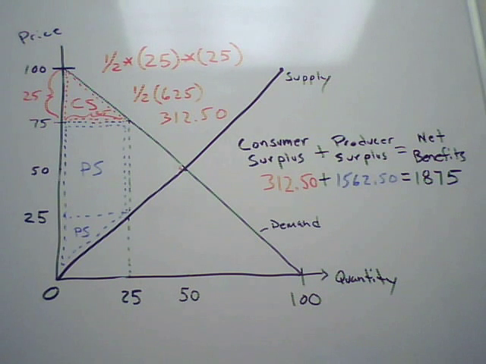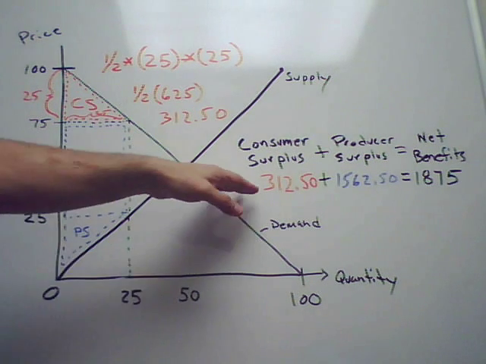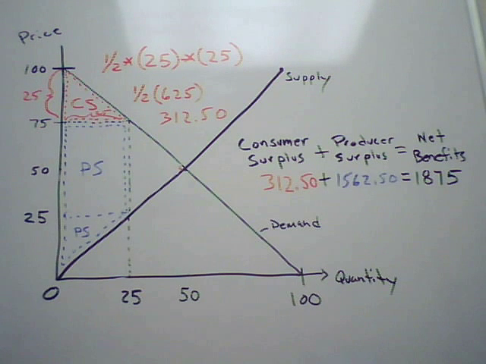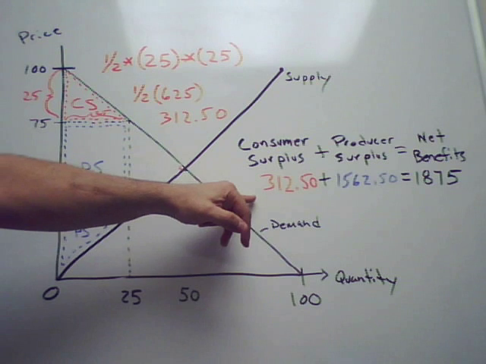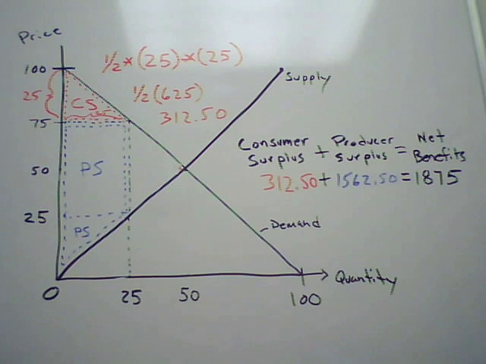So this is the consumer surplus under this new case where the price is 75 and the quantity is 25. To get my net benefits, I add my consumer surplus to my producer surplus. $312.50 plus $1,562.50 equals $1,875. So this is a measure of the welfare of my citizens in this case.